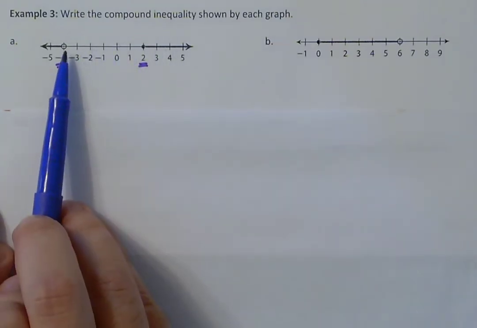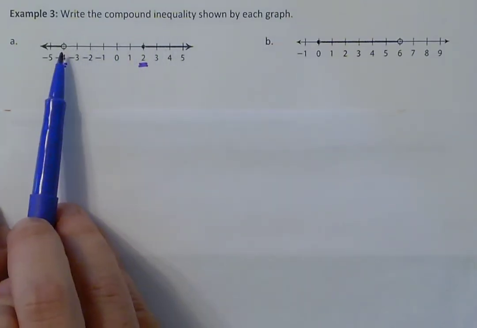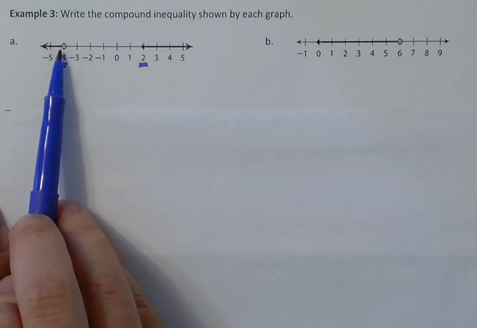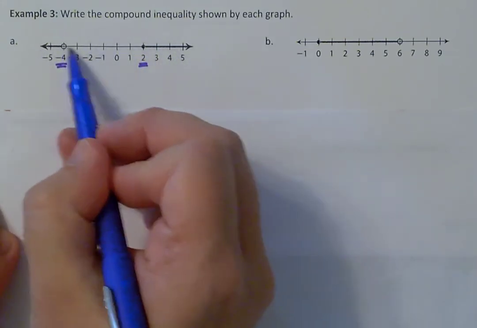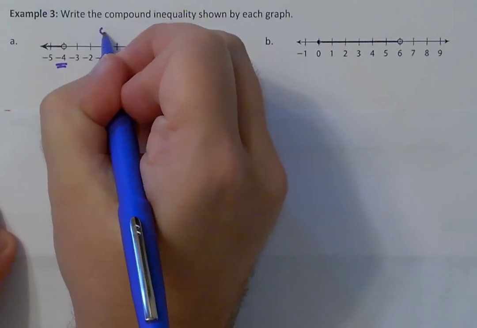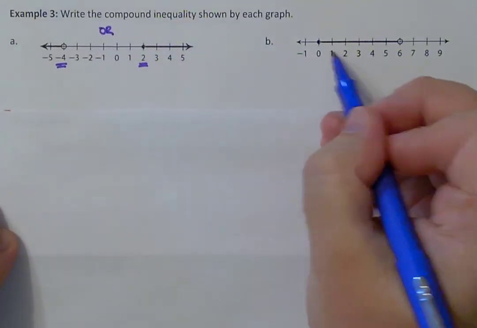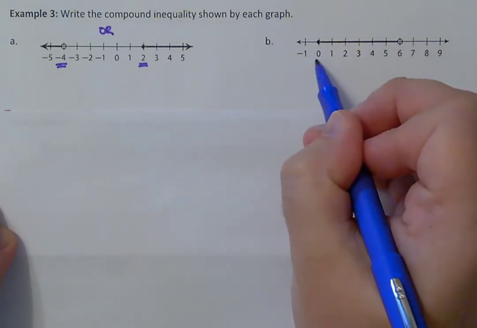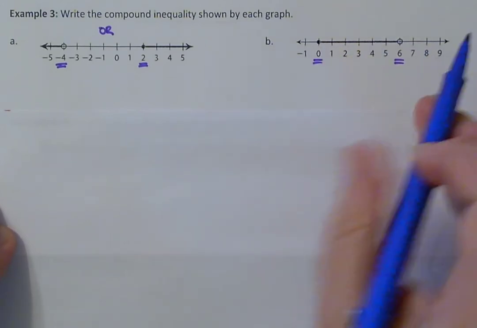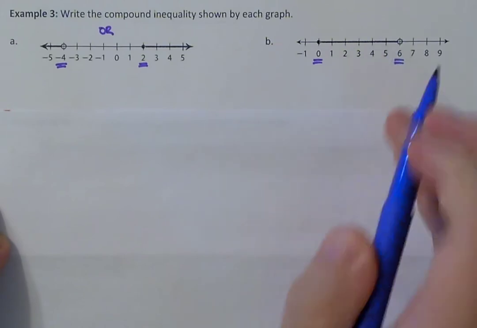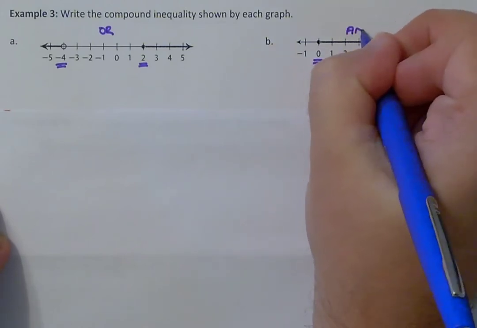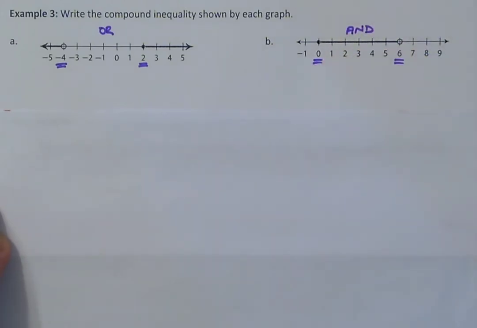Then the other part, because my arrows or my lines go in opposite directions, because they do not connect, that means this is an OR statement. Just like B, my two endpoints at 0 and 6, these connect, so this would be an AND statement.